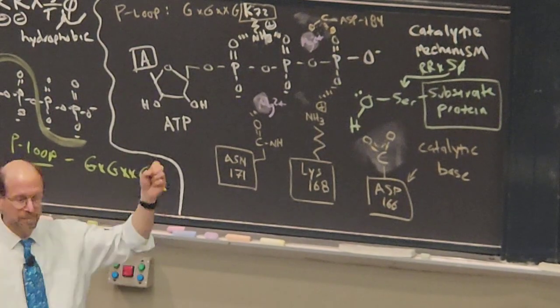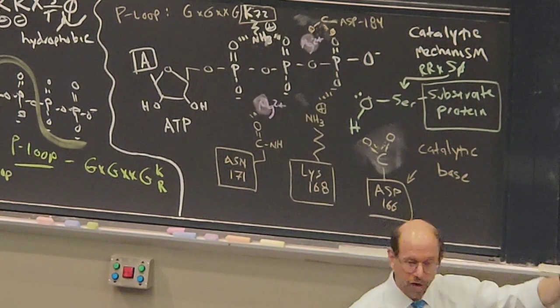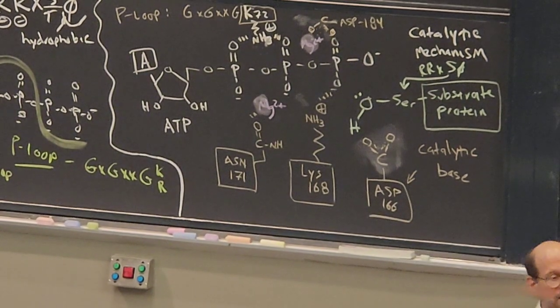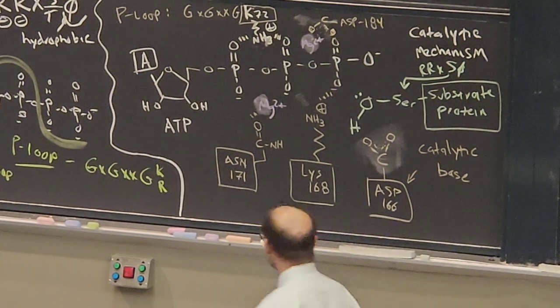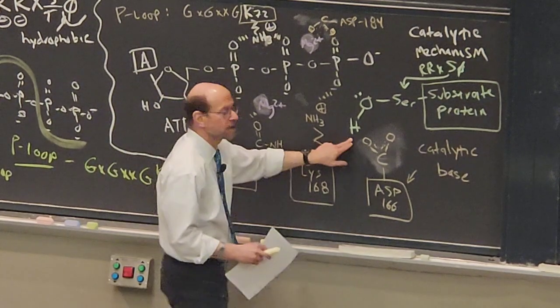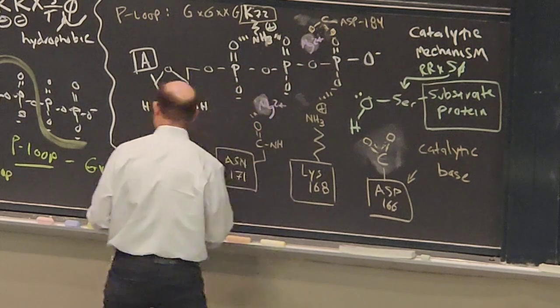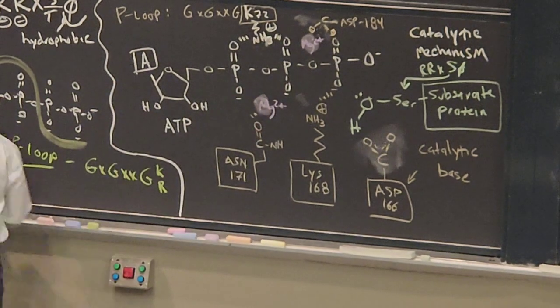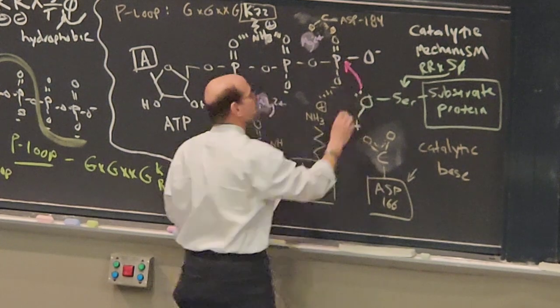Remember in chymotrypsin, that was a serine protease? And in order to make that serine attack the carbonyl, we had to convert that serine hydroxyl into something more like an alkoxide anion. We have to do the exact same trick here. I have to somehow begin to deprotonate this serine to make the serine alkoxide anion. Because what I want then is for that serine alkoxide anion to attack the phosphate.